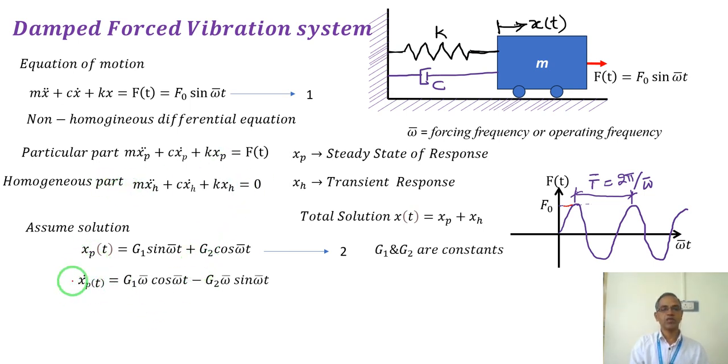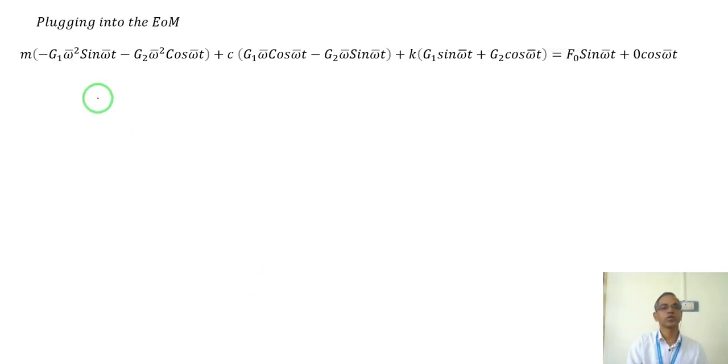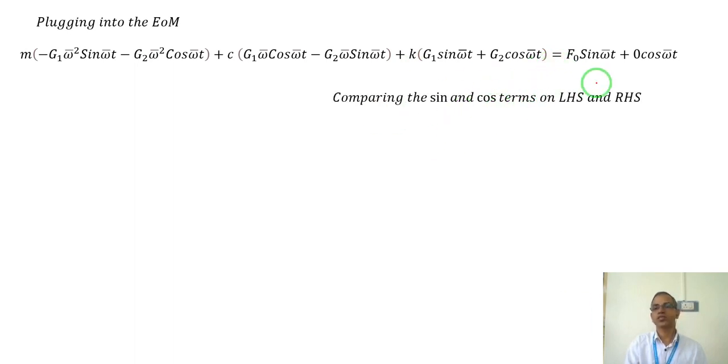So taking the first derivative of the response, then differentiating once more to get the second derivative, and substituting into the equation of motion, then comparing the LHS and RHS, the sin omega bar t and cos omega bar t coefficients on the left hand side.